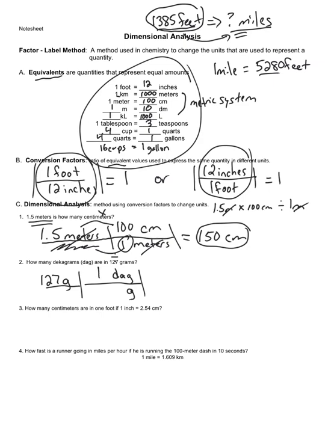So I know 1 decagram, it's further left on that little conversion sheet, is equivalent to 10 grams. It takes 10 grams to equal a decagram because deca is 1 step to the left. Okay? Grams will cancel. And now my calculator, 127 times 1, or we can ignore that, divided by 10.